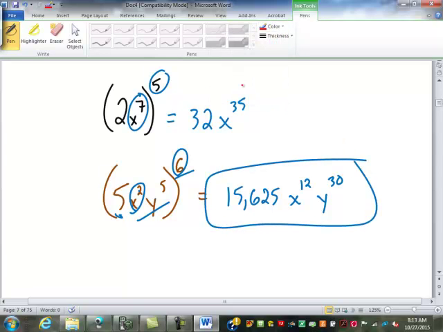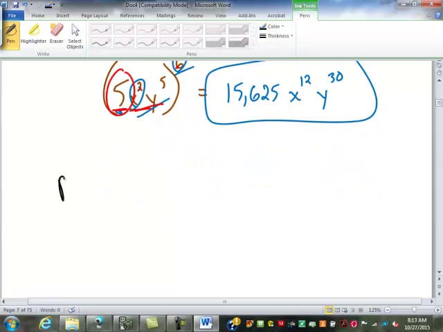So you've got to be able to switch back and forth between working with numbers where you actually take the 5 to the power of 6, then working with the powers on the variables where it's just power times power. So it's a little bit tricky there. So in the big book, there'd be some examples.